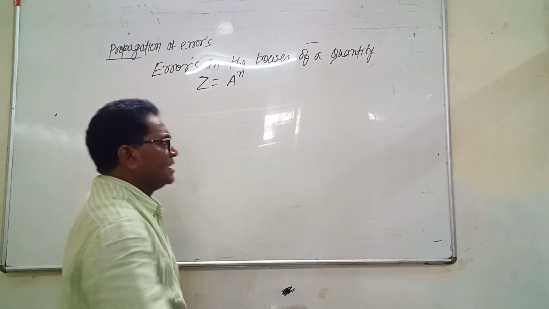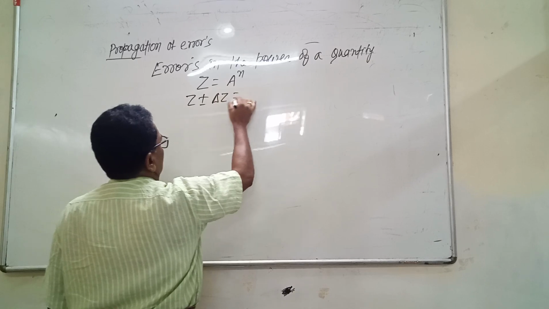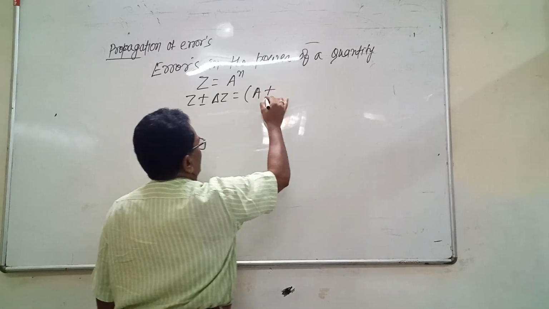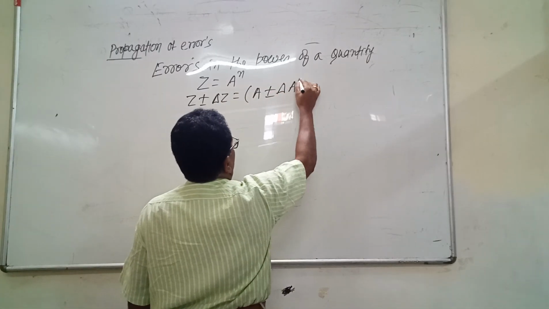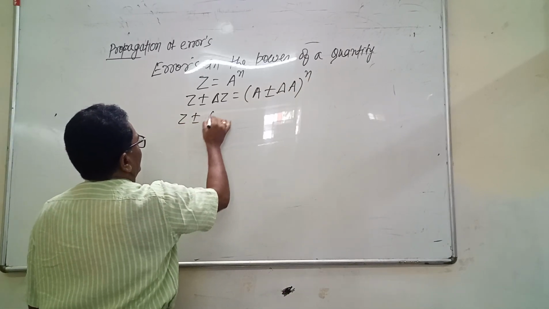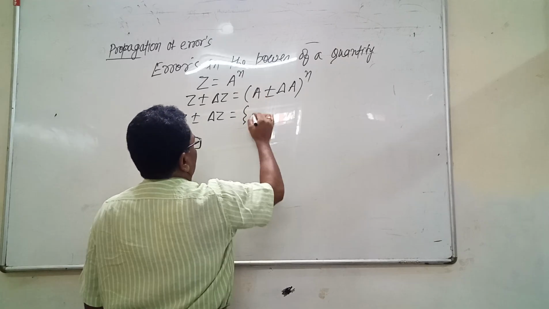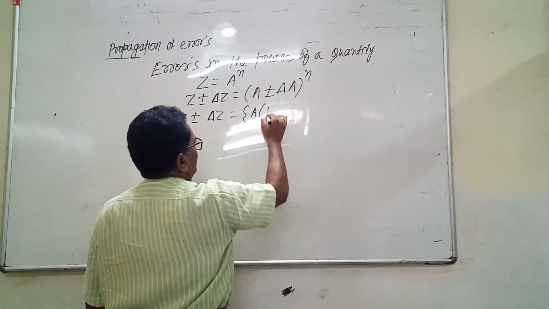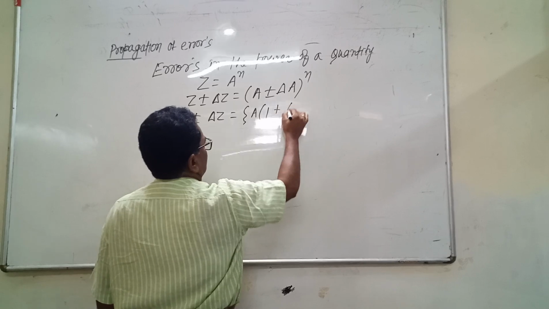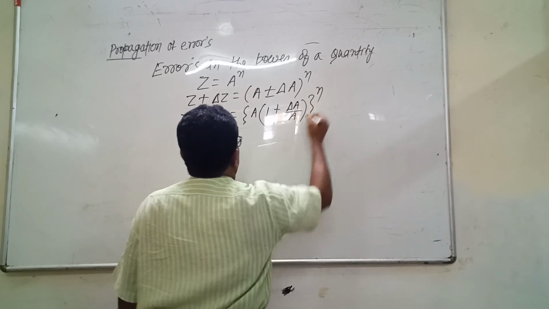So error in Z: Z plus minus delta Z equals (a plus minus delta a) raised to the power n. Inside the bracket we take a as common, then we get 1 plus minus delta a by a, and the whole raised to the power n.